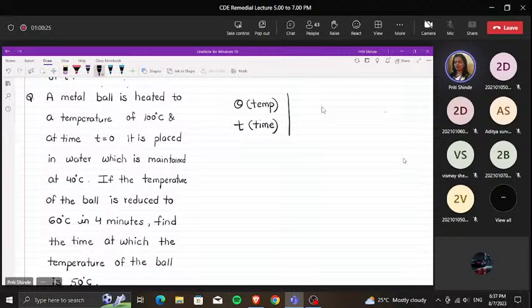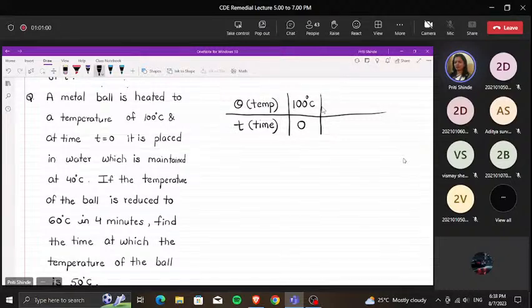A metal ball is heated to a temperature of 100 degrees Celsius, so the initial temperature of the ball is 100 degrees Celsius. Here it is given that at time t is equal to 0, but if it is not given, always take the initial time as 0. So my temperature is 100 degrees and initial time is 0.